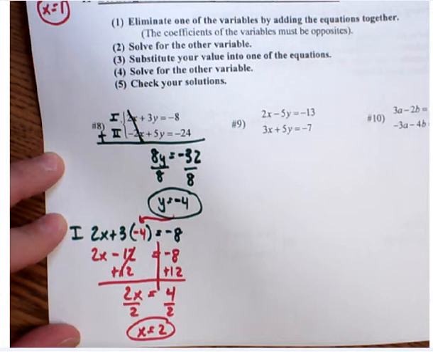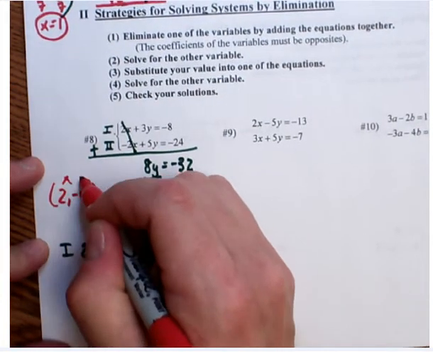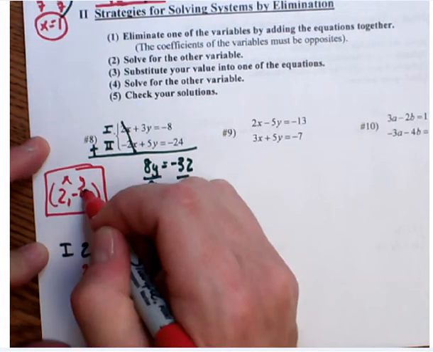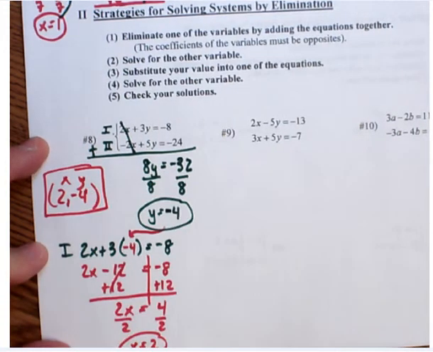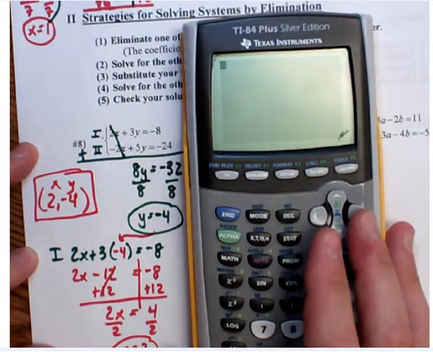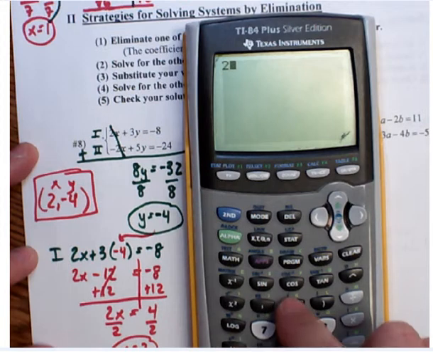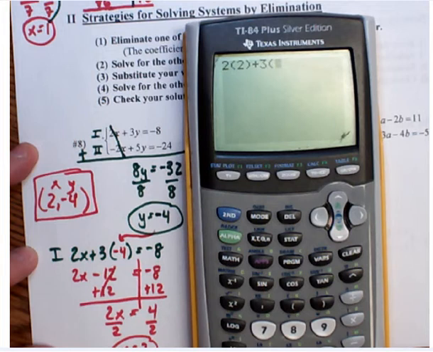So the answer is we get positive 2 for x, we get negative 4 for y. Okay, let's go ahead and do a quick check for that. So the top equation was 2x plus 3y equals negative 8. So 2x, that's 2 times 2, plus 3y, y was negative 4.